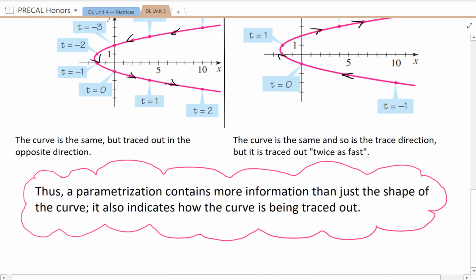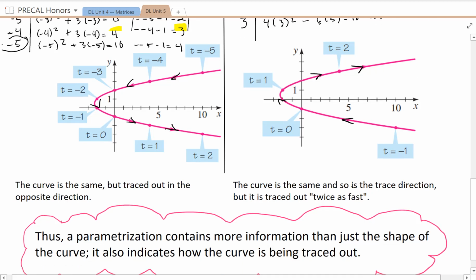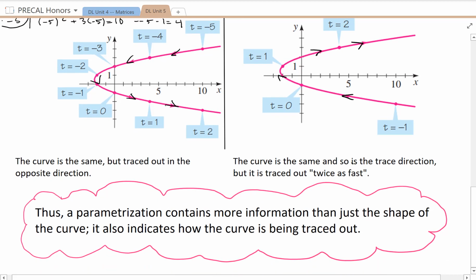The curve is the same, but traced out in the opposite direction when we plugged in negative t. For plugging in 2t, the curve is the same, and so is the trace direction, but it is traced out, quote, twice as fast. Thus, parametrization contains more information than just the shape of the curve. It also indicates how the curve is being traced.